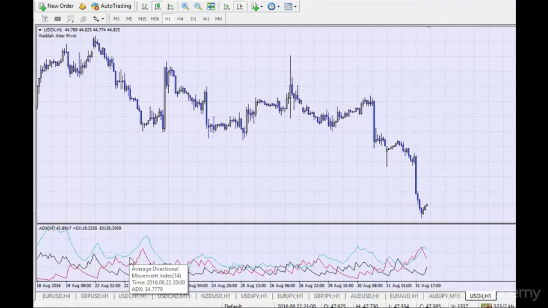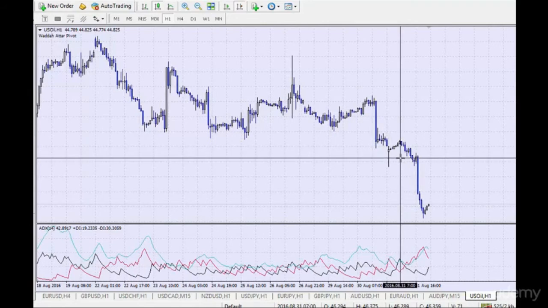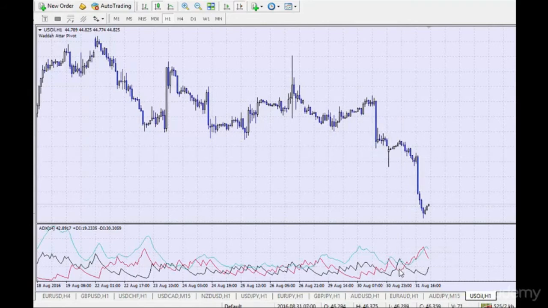Now, how to use the ADX for buy and sell signals. Whenever the red ADX line, which is the minus line, crosses the plus line, which is this black line here, whenever the red line goes above the black line, just wait until it exceeds the black line.